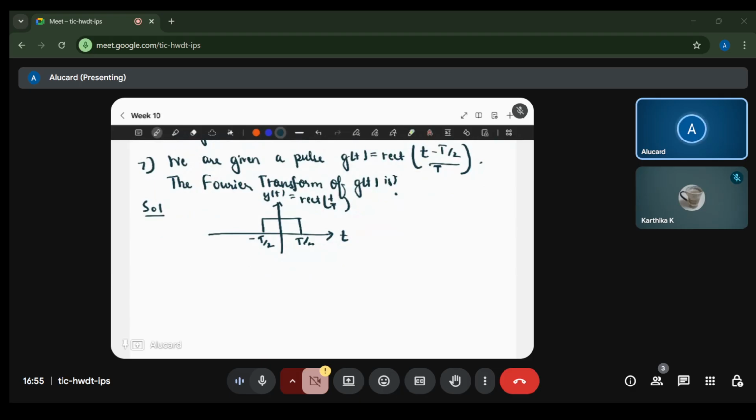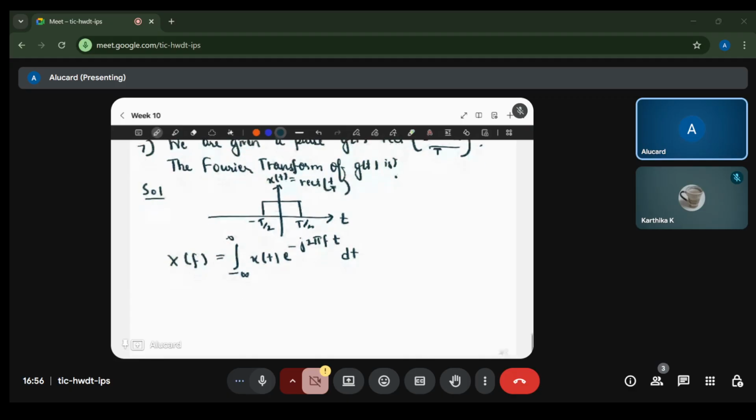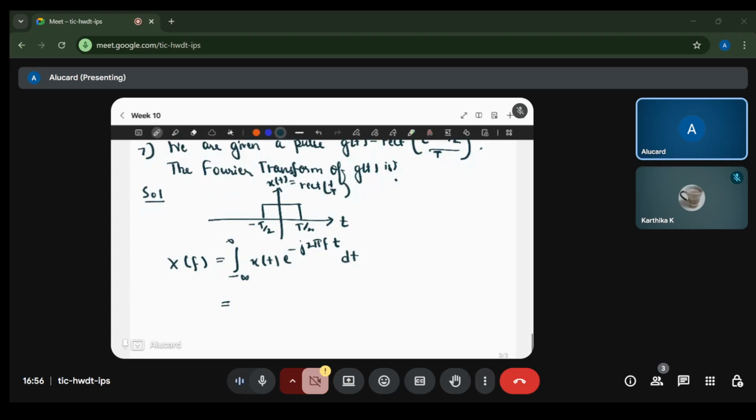A Fourier transform is the integral of x of t e power minus j 2 pi f t dt, but this only goes from minus T by 2 to T by 2. So x of t is 1 in that range, 0 everywhere else.